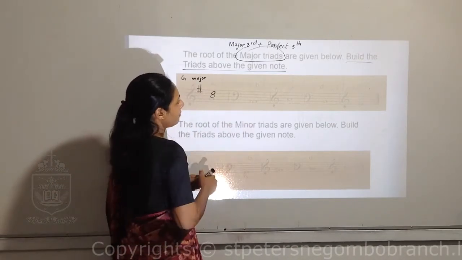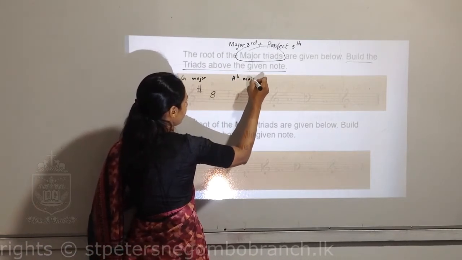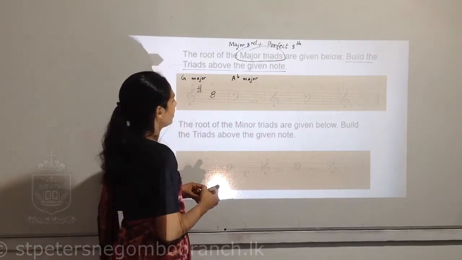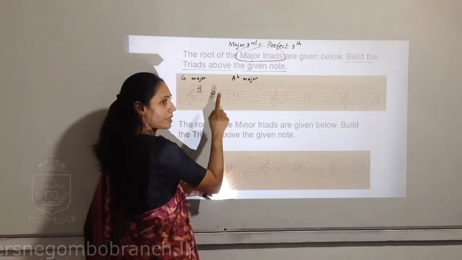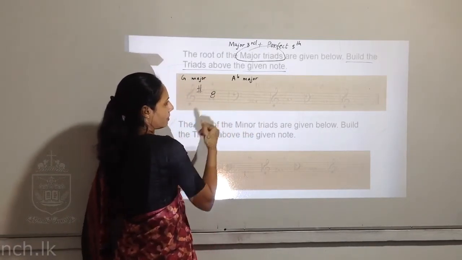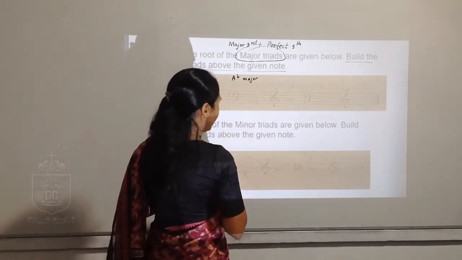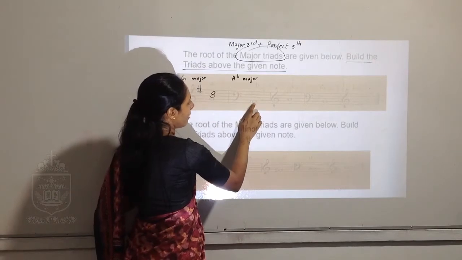This is A flat. So this is A flat major. We will do this without key signature because they have marked flat here. To recognize this note, this triad, you have to build in A flat major. So A flat.